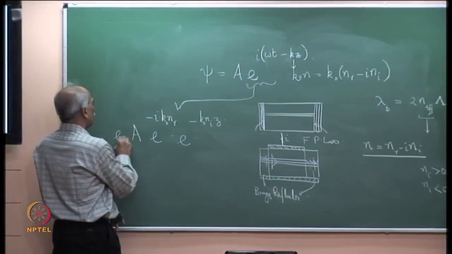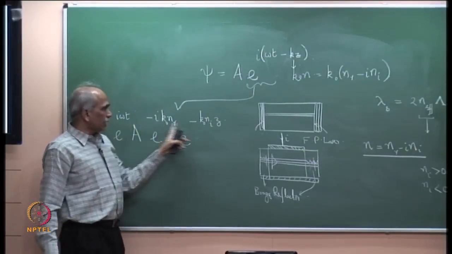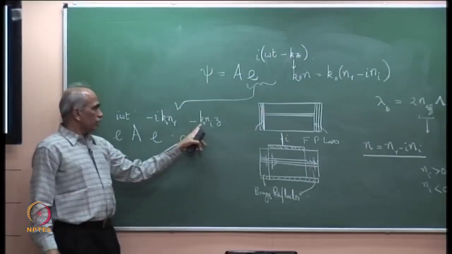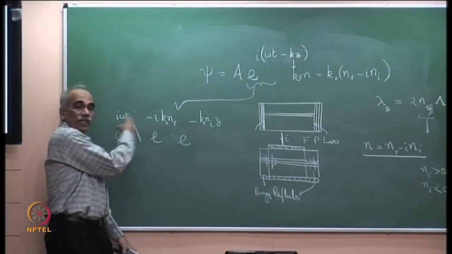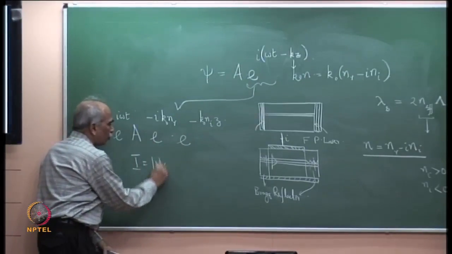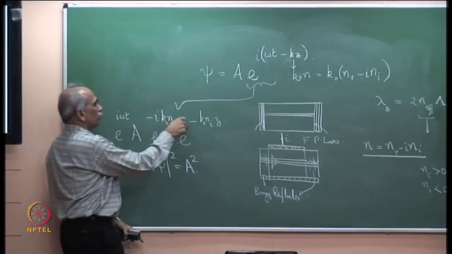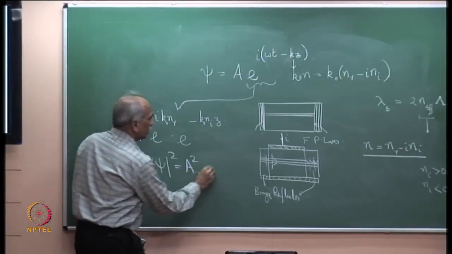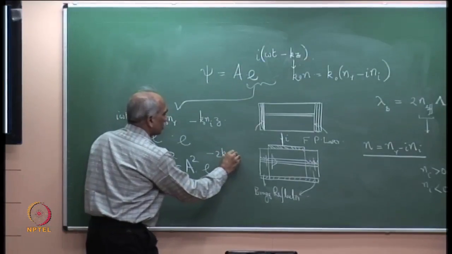So, A into e to the power of i omega t here. So, you see that there is a term which is exponentially decaying, and these are oscillatory. So, if you want to see the intensity, which is equal to mod psi square, which is equal to A square into these two terms are gone and you have e to the power minus 2 k0 ni into z.